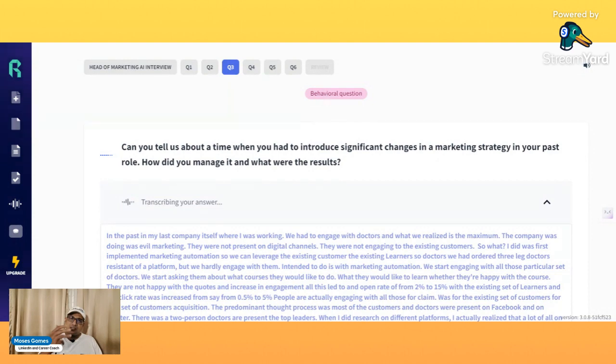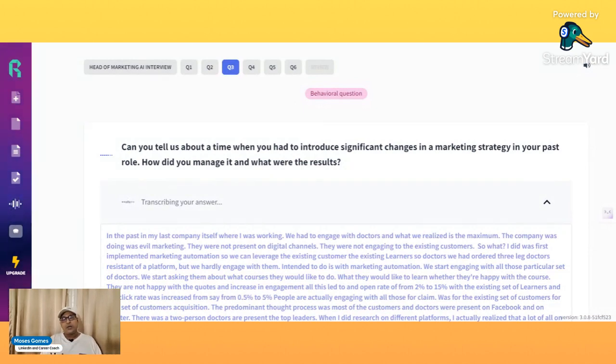The third strategy I implemented was to create content for the website. Since it's a platform and we want doctors to regularly come on the platform, but not necessarily every time they will have a course, we started creating a lot of blog content written by doctors, written by KOLs, written by our own scientific team. We targeted at least 100 blogs per month, and in a year's time we had around 1200 blogs.